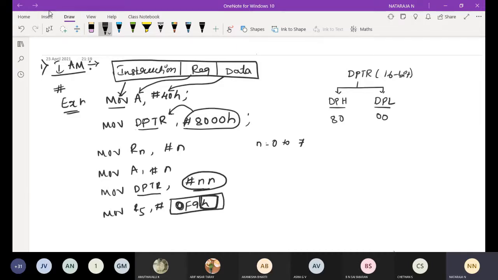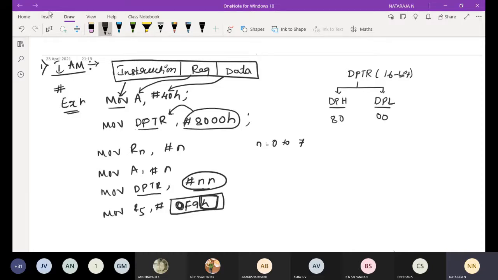Why? Because here we have an alphabet, so we need to use 0. 0 is used to indicate that it is a number and not an alphabet. We need to use this 0, then only register 5 will understand that this is a number.